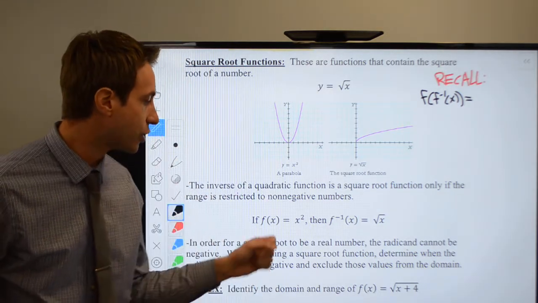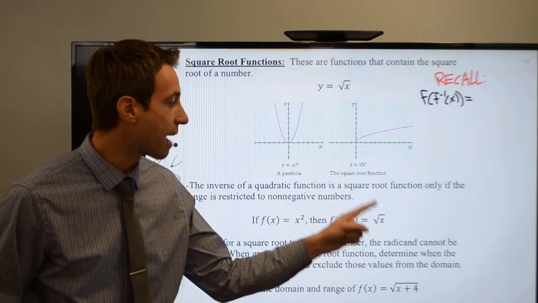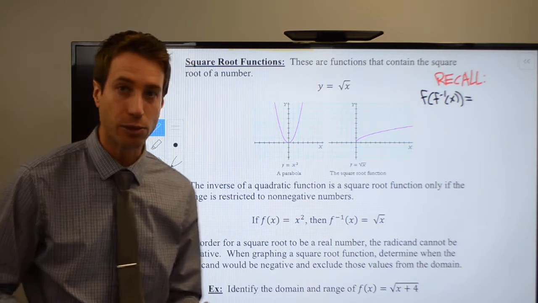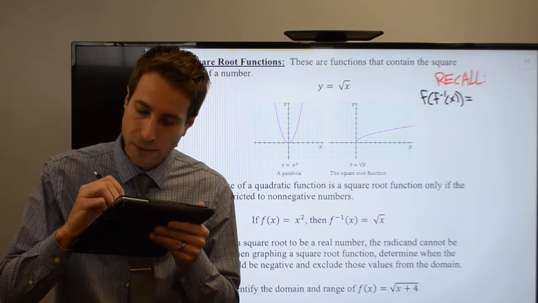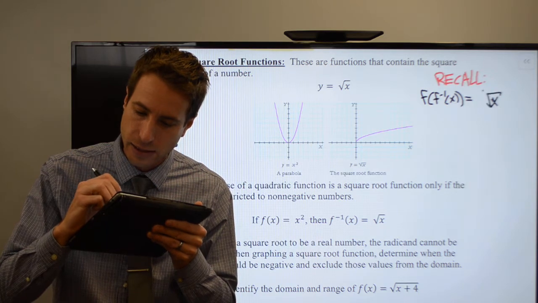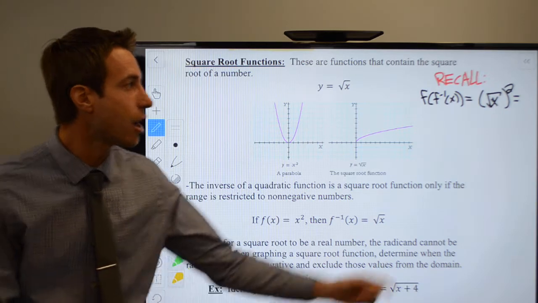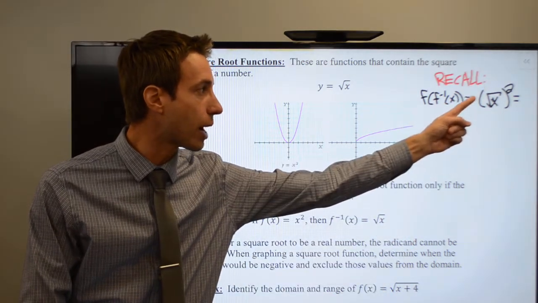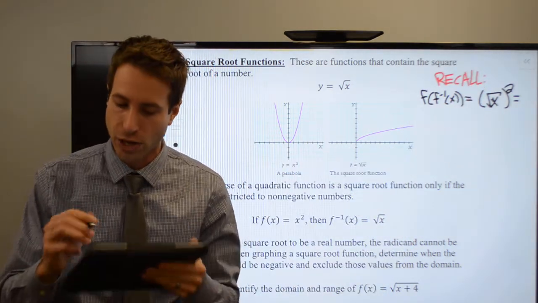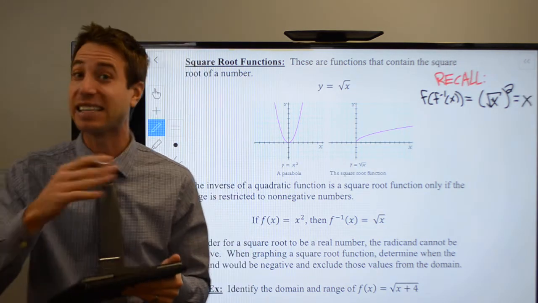Well, that means I need to start with the function f of x, which is x squared, and plug f inverse of x into that function, which means I'm going to wind up with the square root of x, squared. Well, you guys already know that square and square root cancel each other out, and I'm left with just an x.